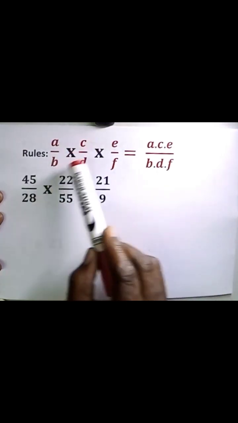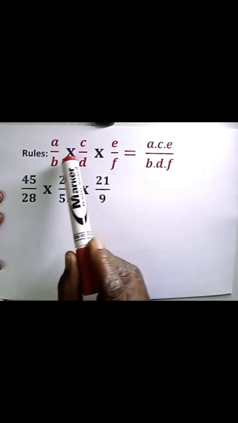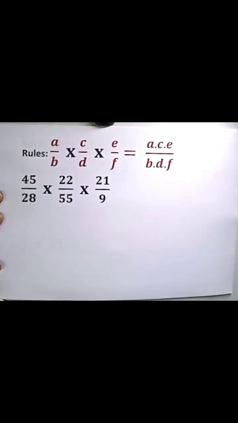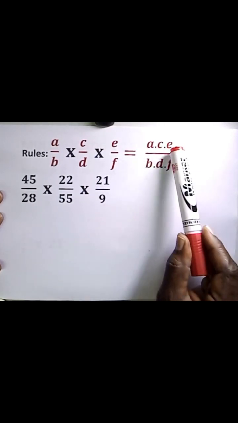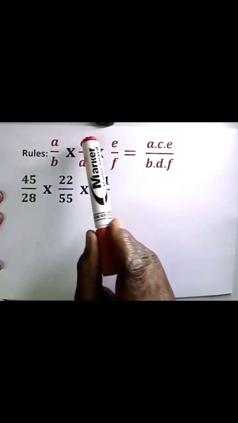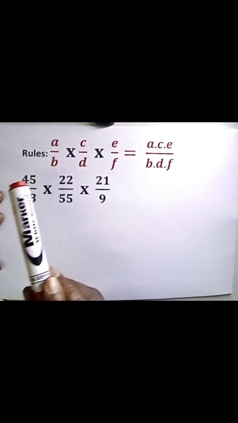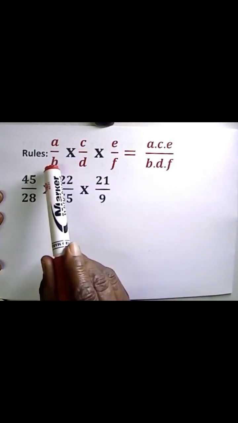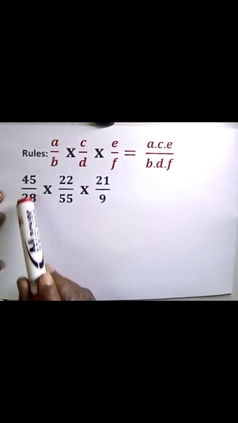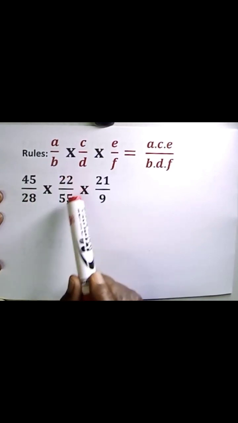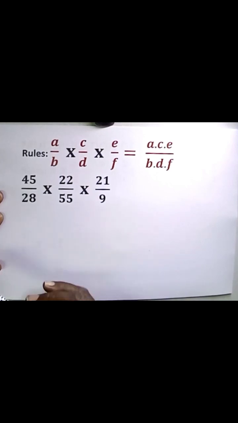As long as you are multiplying all the fractions, all you need to do is to multiply all the numerators together, a, c, e. That is, multiply a and c and e, divided by all the denominators, b times d times f, and you get your answer. For example, here we have 45 over 28 times 22 over 55 times 21 over 9.